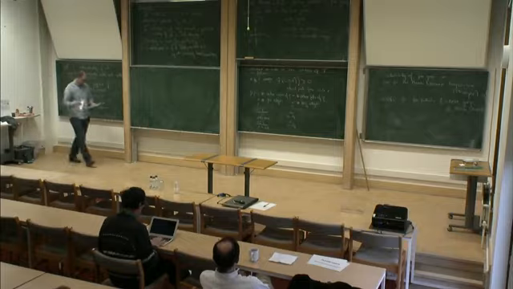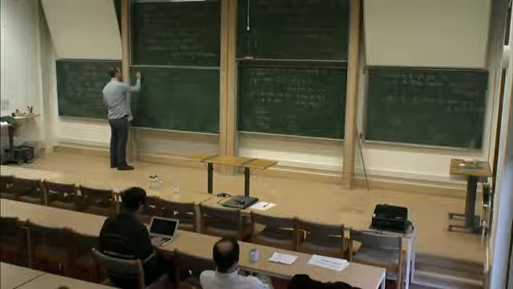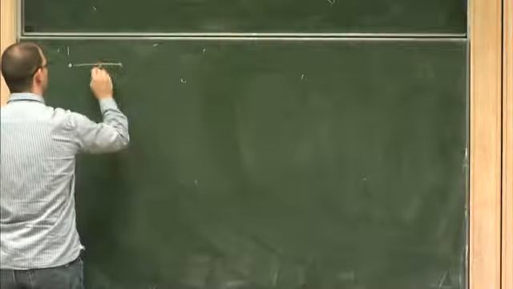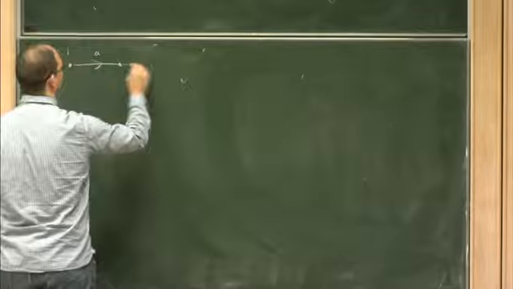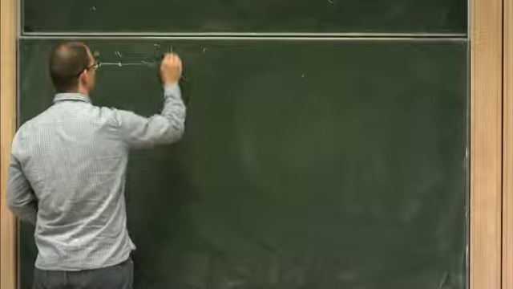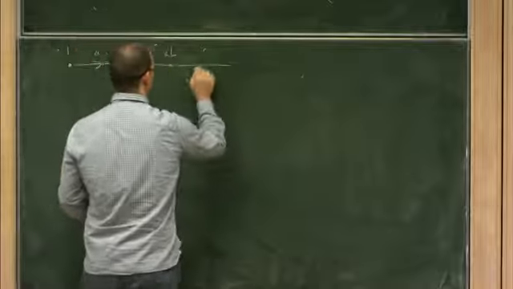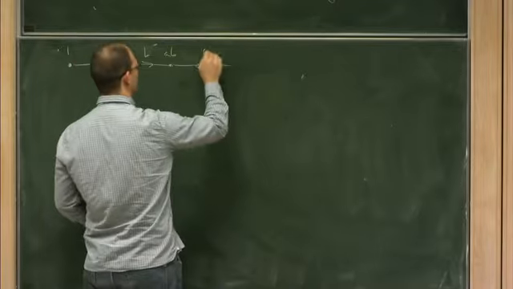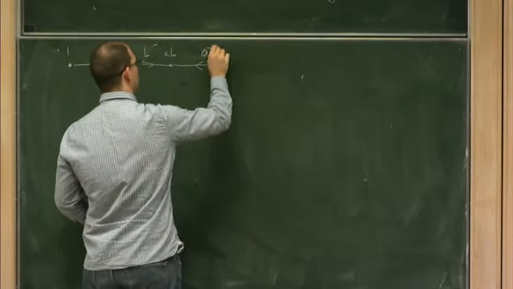So, I don't know, if you start from the identity, do A, you do B, you do inverse.